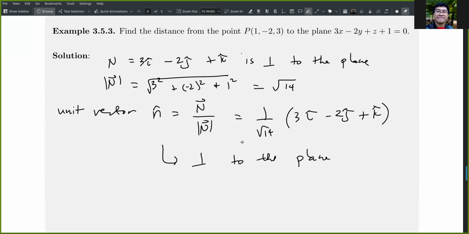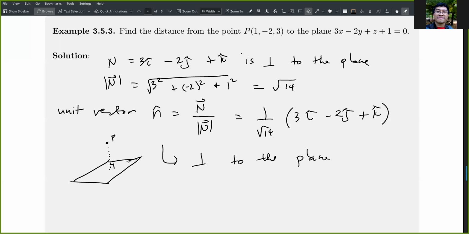So you want this because if you want to create a plot, say this is a plot for the plane. So that's the plane. Suppose this is our point P. So relative to this plane, we just want to determine this perpendicular distance.